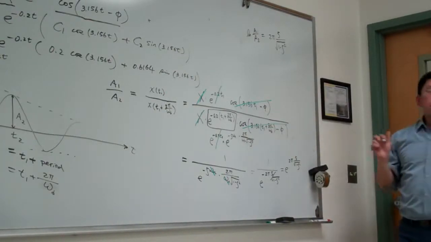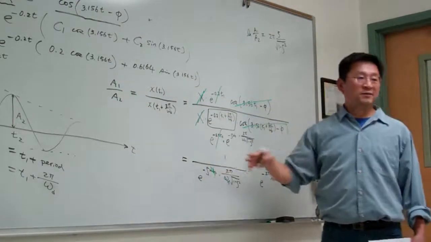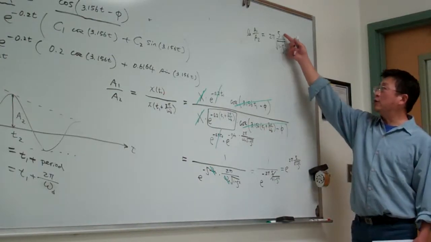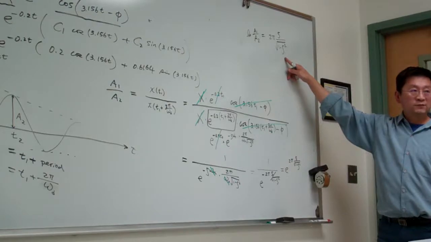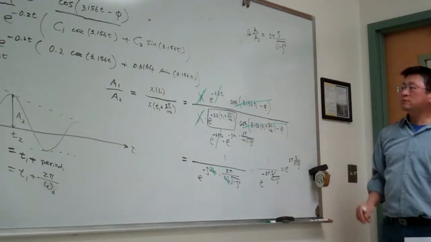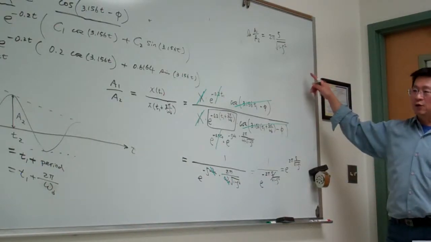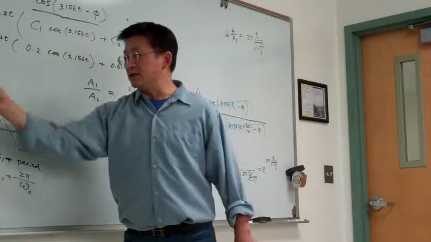Okay, so we compare the ratio. The ratio tells us how fast the decay is, and you can see it is only governed by the damping coefficient. The damping coefficient is the only parameter that will govern how fast this decay will be.